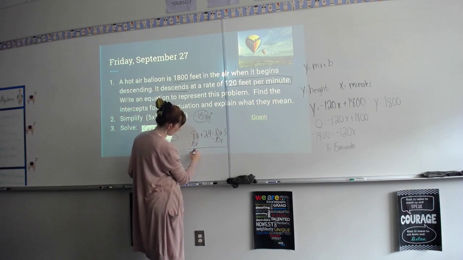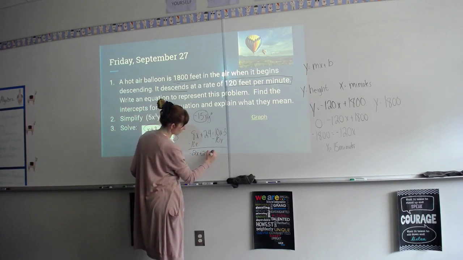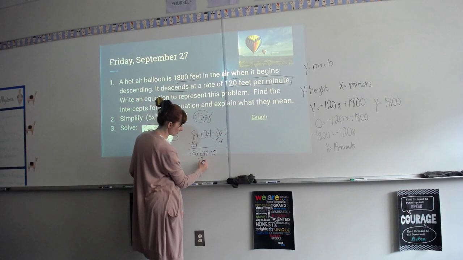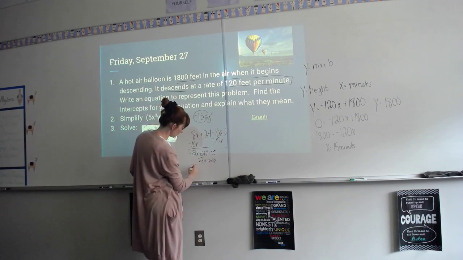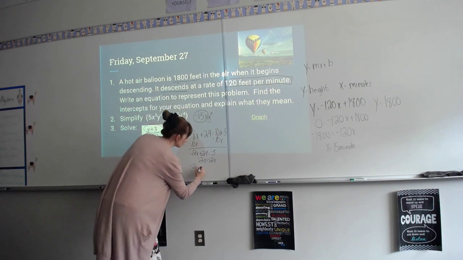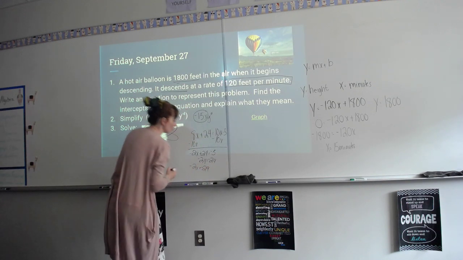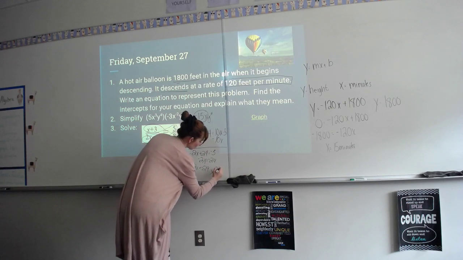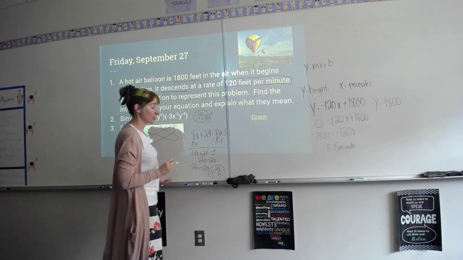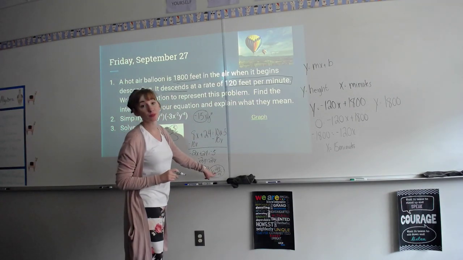And I have negative 2x plus 24 equals negative 5. I'm going to subtract my 24. And I'm left with negative 2x equals negative 29. Divide both sides by negative 2. So I get x equals 29 over 2. Positive 29 over 2, because a negative divided by a negative gives us a positive.